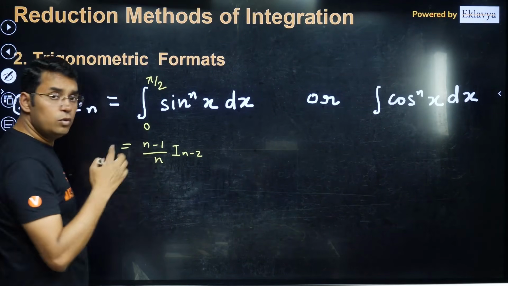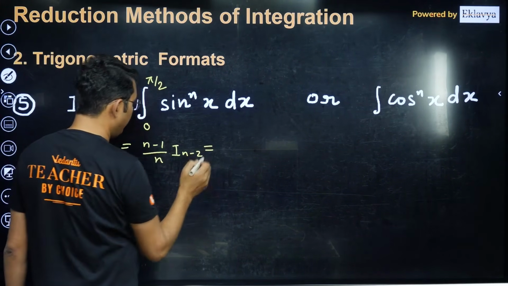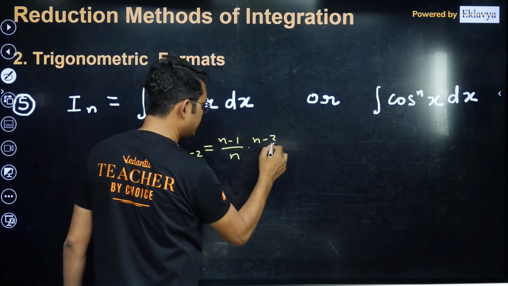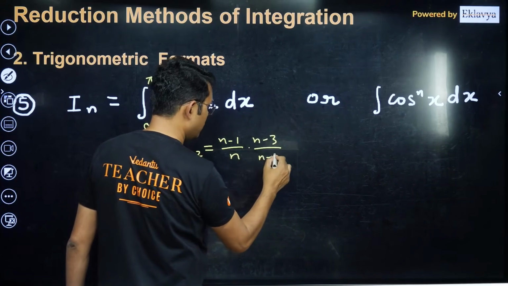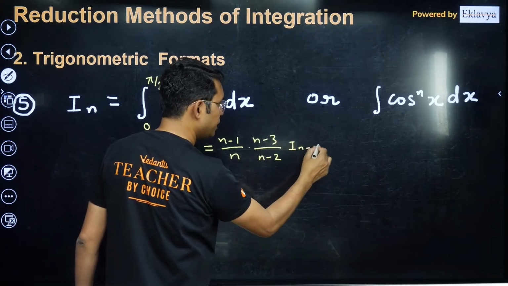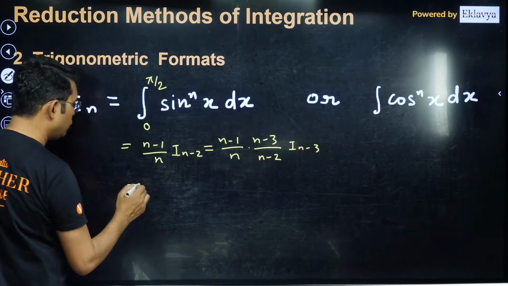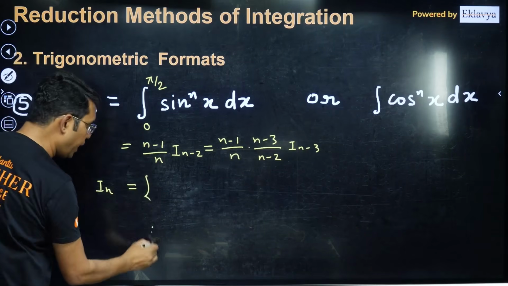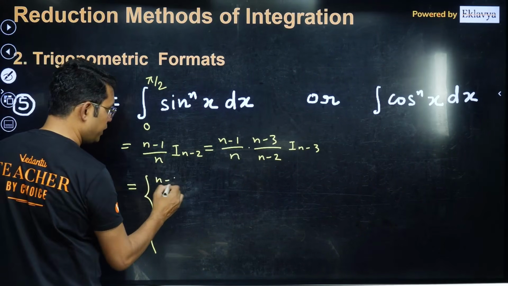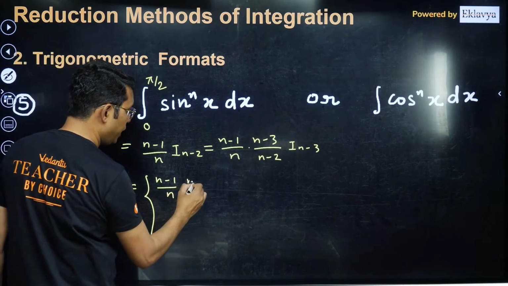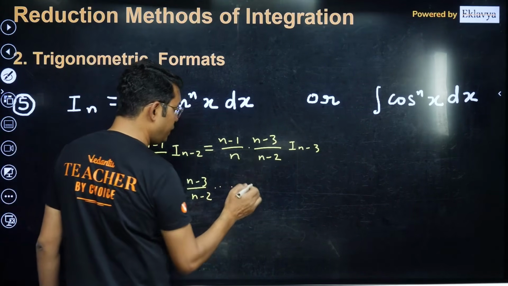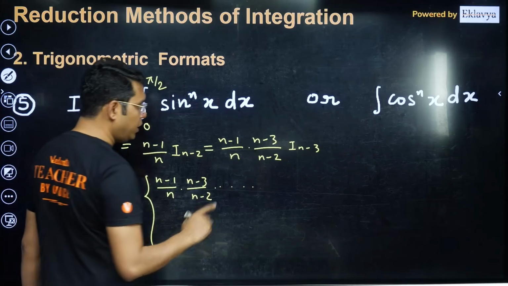Now if you want to repeat it, that will be n minus 1 upon n into n minus 3 upon n minus 2 into I_{n-4}, and so on and so on. We can keep doing like this. So finally my I_n will be n minus 1 upon n into n minus 3 upon n minus 2, and so on, depending upon n being even or odd.